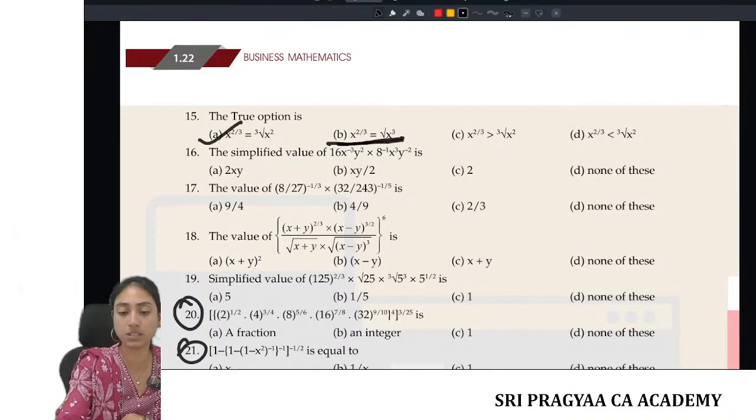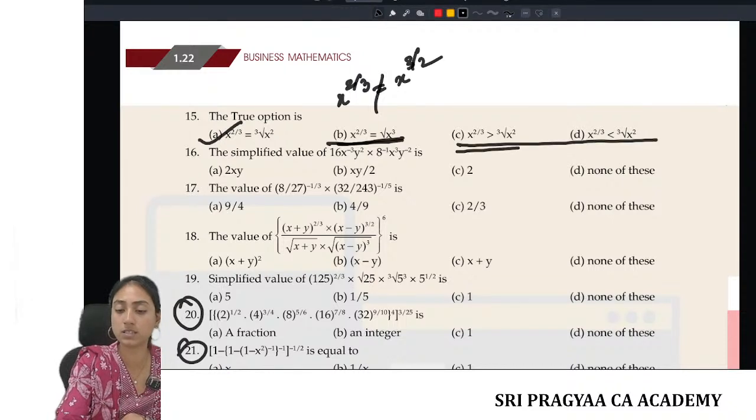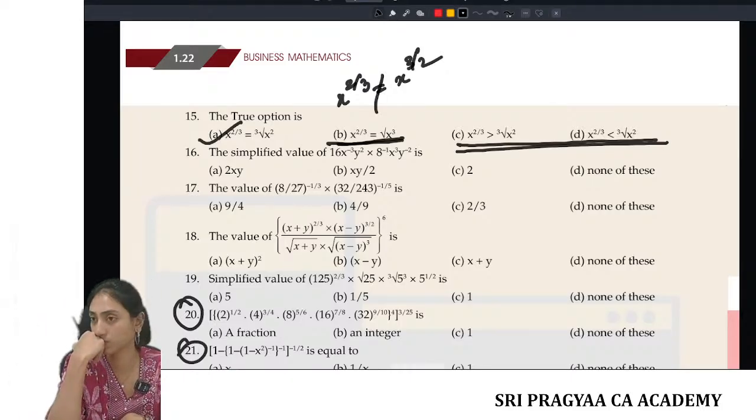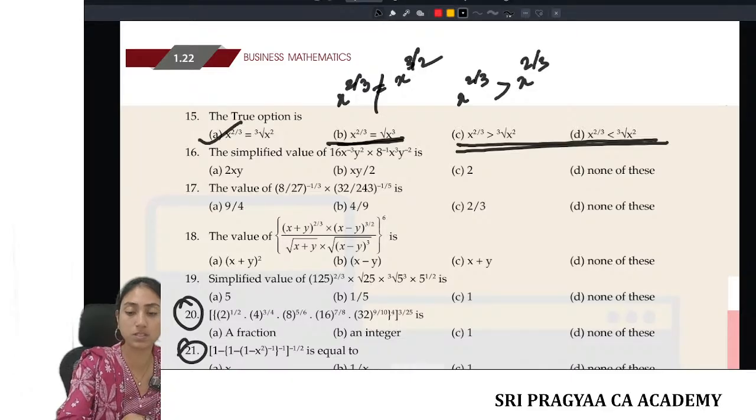By elimination method, this cannot be the answer because this renders to not equal to 3 by 2. Okay, so this is okay. But were you able to check this? Why is this not true? 2 by 3 because it's equal.